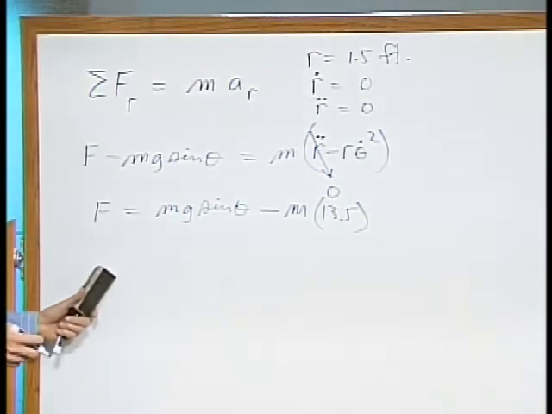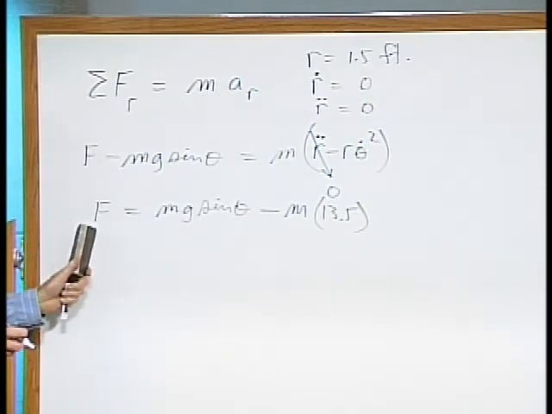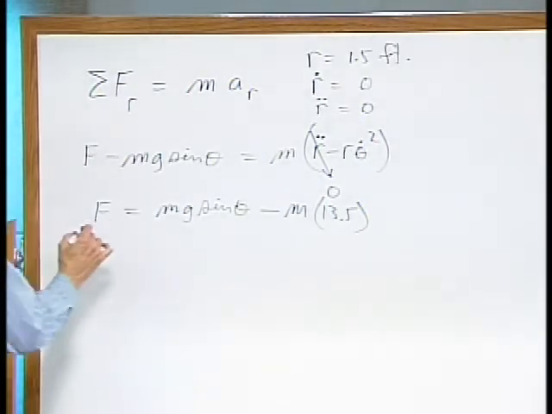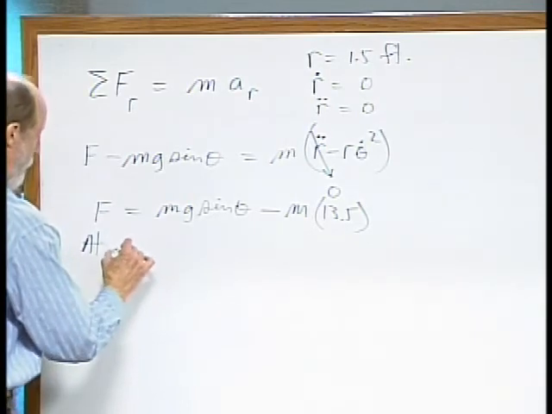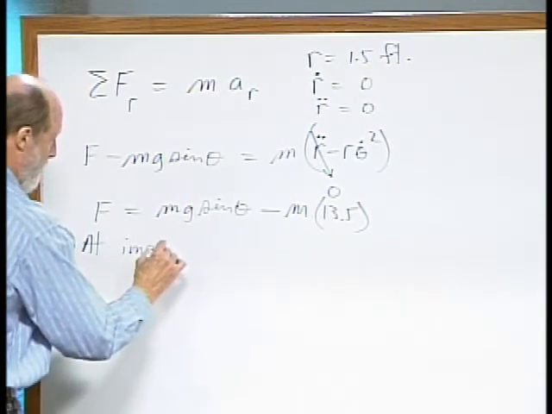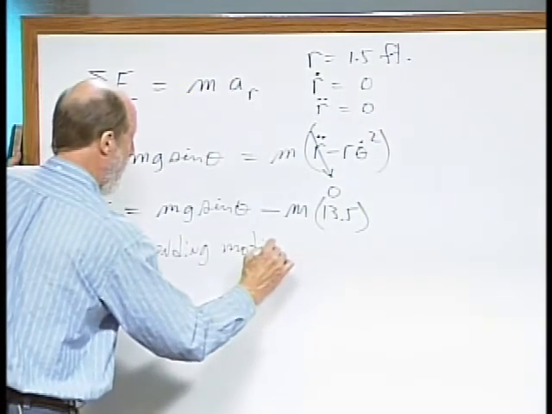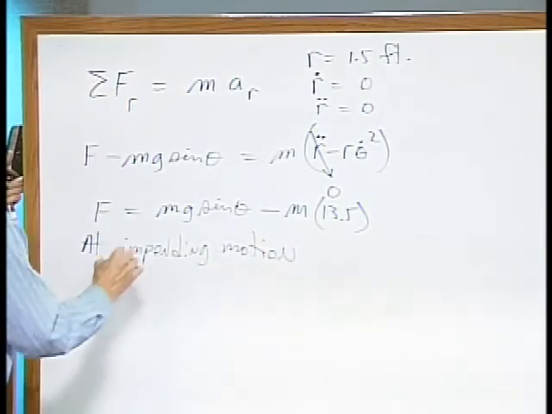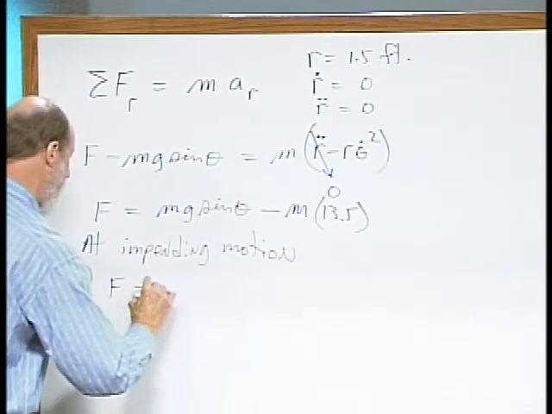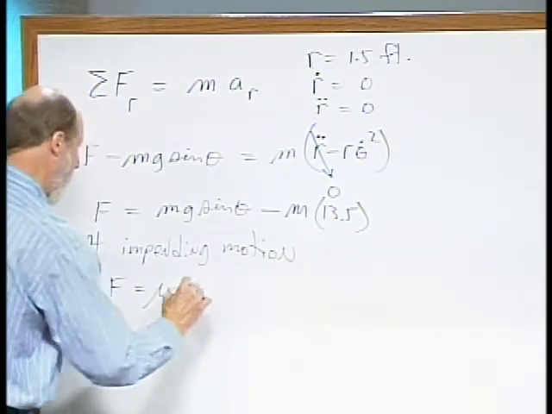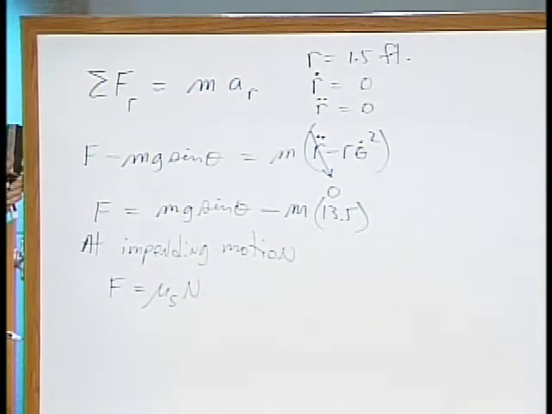Now, what were we trying to find in this problem? The coefficient of static friction. So this is a generalized force, friction force, and so at impending motion, this is where the English comes in. At impending motion, F must equal the static coefficient times the normal.